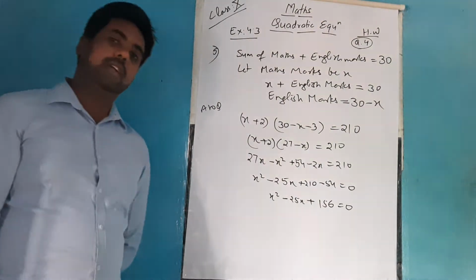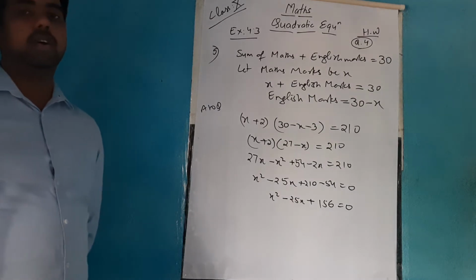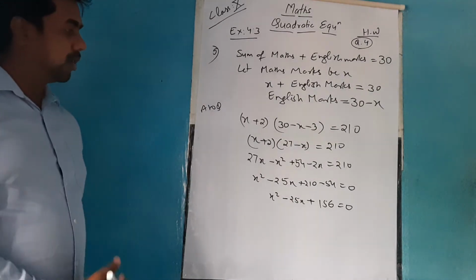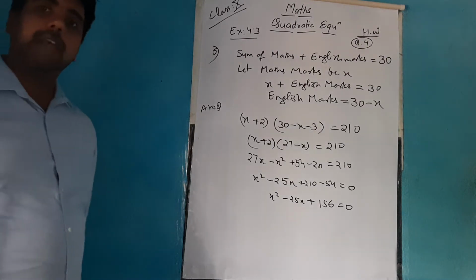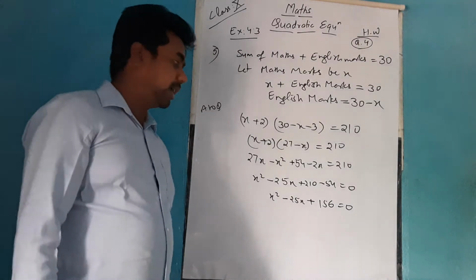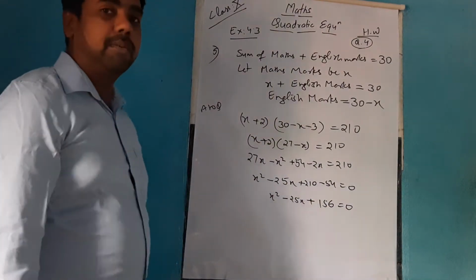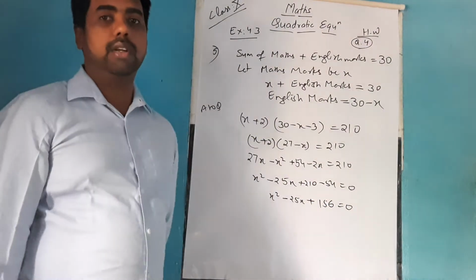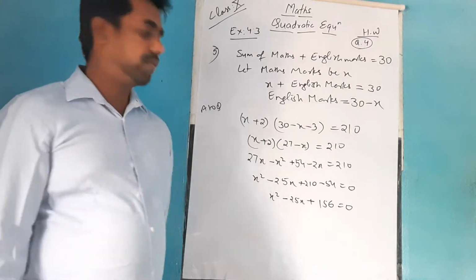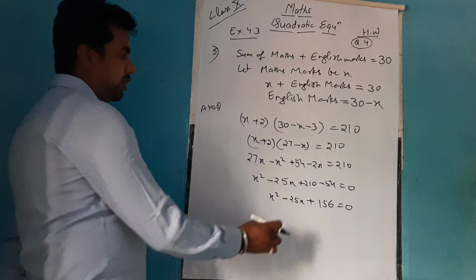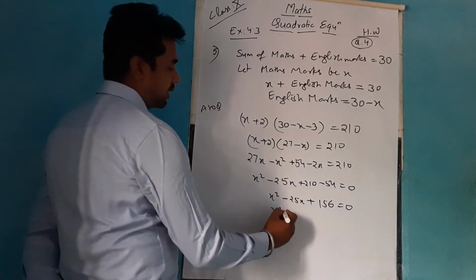Either you may solve it by completing the square, factorization method or quadratic formula. I hope this can be easily solved by the factorization method. As you know, when you factorize 156, the factors are 12 into 13. So 12 into 13 is 156 and 12 plus 13 is 25. So we'll break the middle term as 12 and 13.